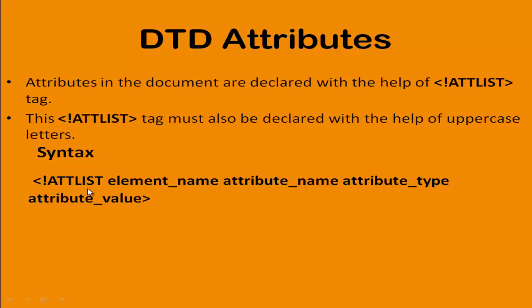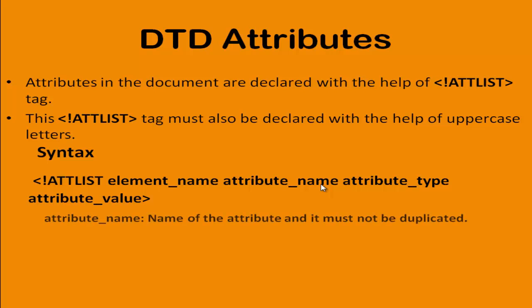So to start with, the ATTLIST keyword, after that the particular element name, and after the element name the attribute name comes. So what is an attribute name? This attribute name is nothing but the name of the attribute. Any attribute can be created, and this particular attribute name must not be duplicated.